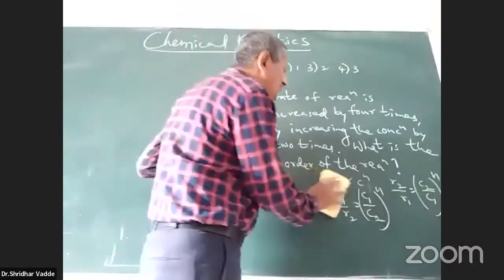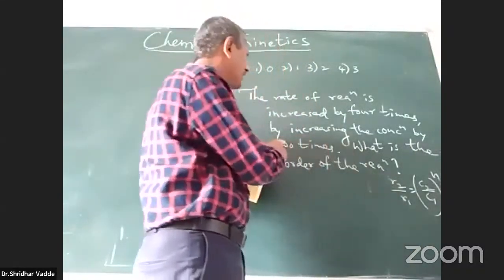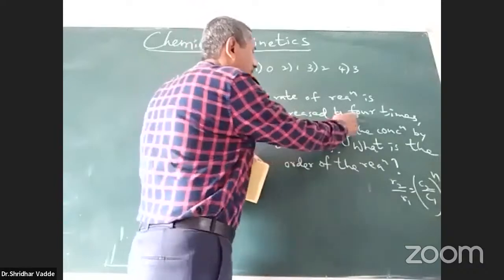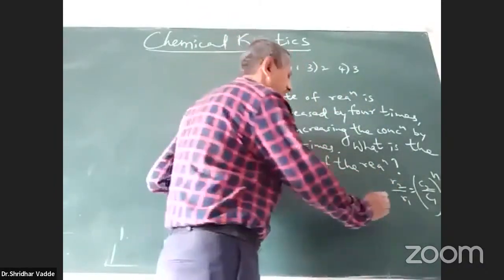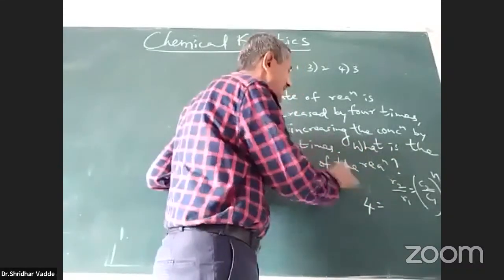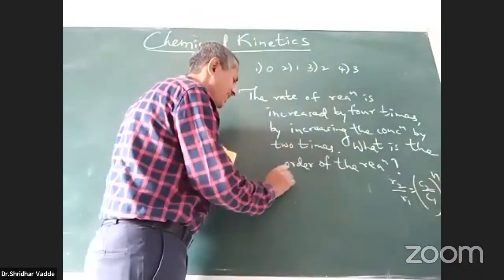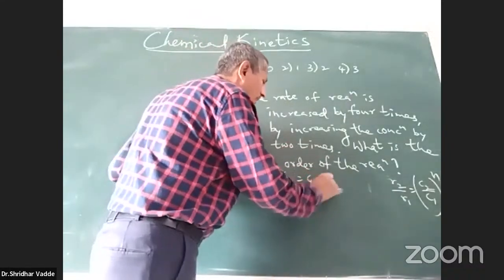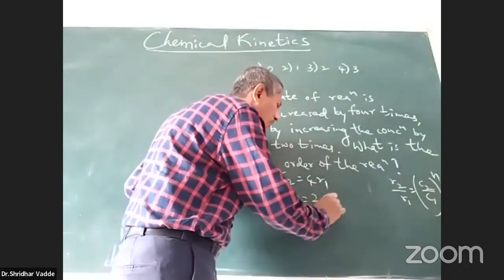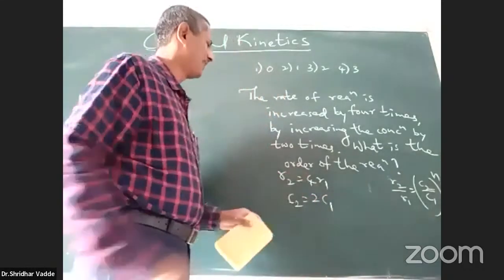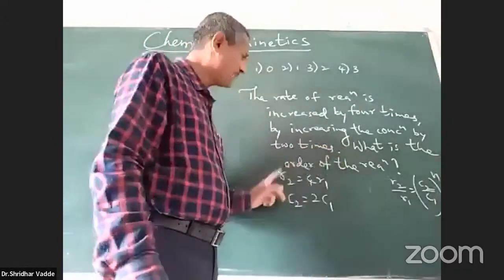So now with this one, R2 by R1. What we told here is the rate of reaction is increased by 4 times. So R2 by R1 is 4, and C2 by C1 is how much? Let us say R2 is equal to 4R1 and C2 is equal to 2C1, because the concentration is increased by 2 times and the rate of reaction by 4 times.